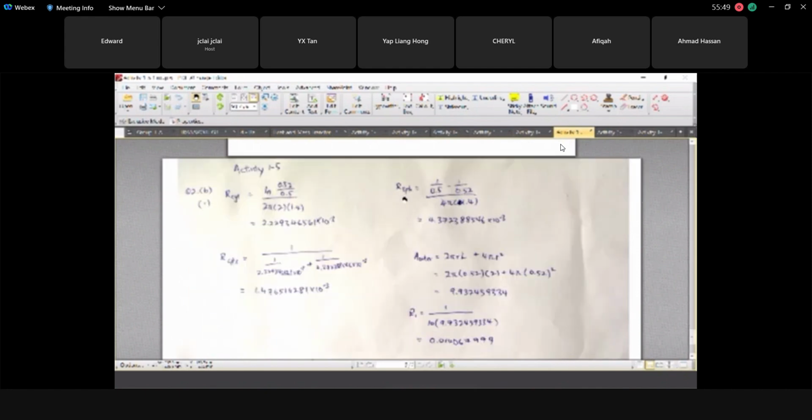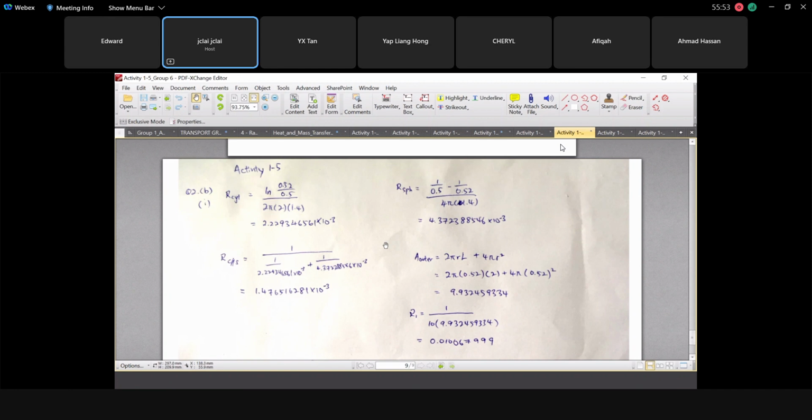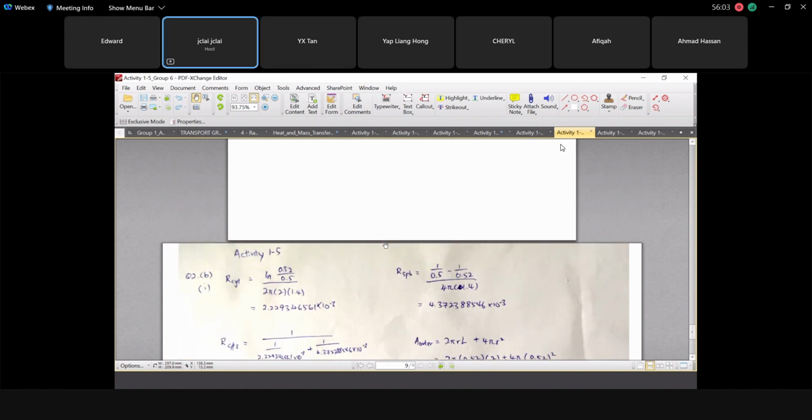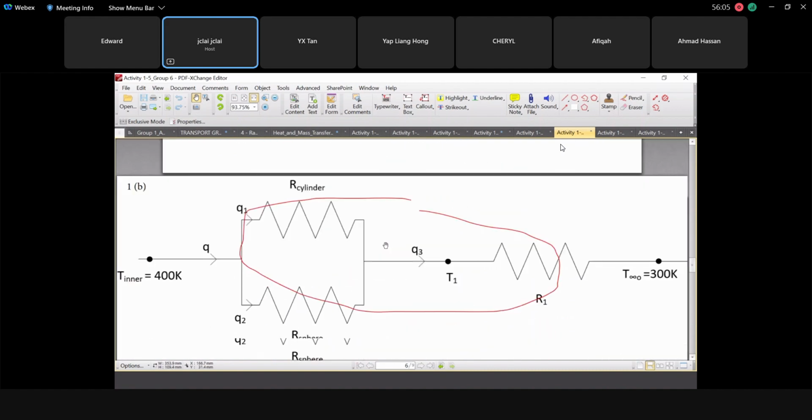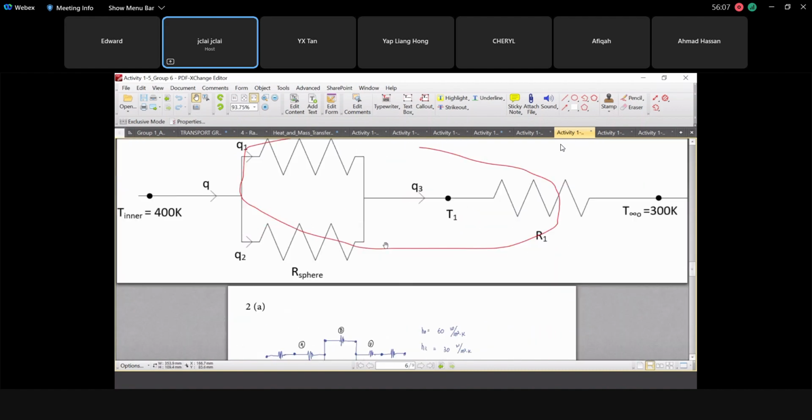I think you also use the same method as group 3. You also divide it into R cylinder and R sphere. So it means your answer is also not related to your circuit diagram, right? Is it related, Doctor?